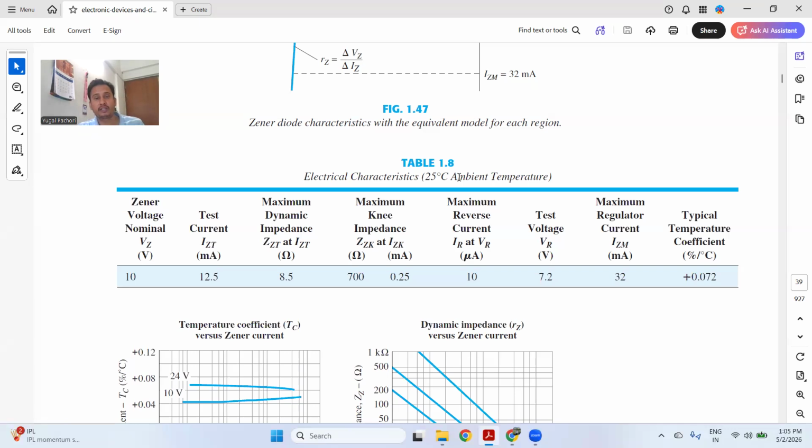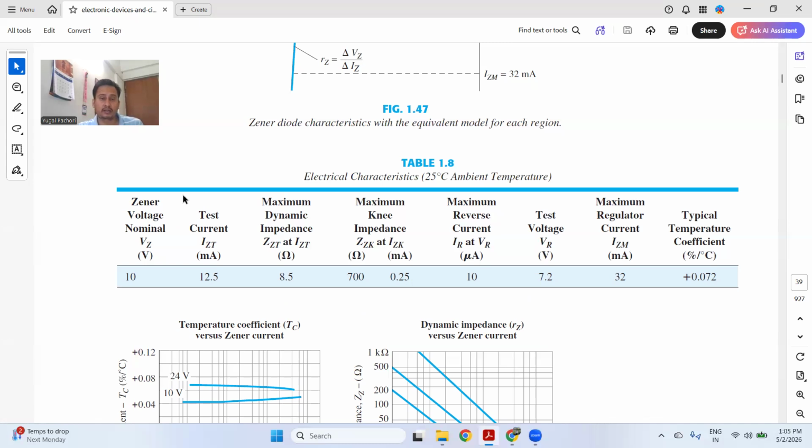So the electrical characteristics of the Zener diode at 298 Kelvin will be: Zener voltage 10 volt, test current 12.5, dynamic impedance 8.5 ohm, maximum knee current, and knee resistance 700 ohm.